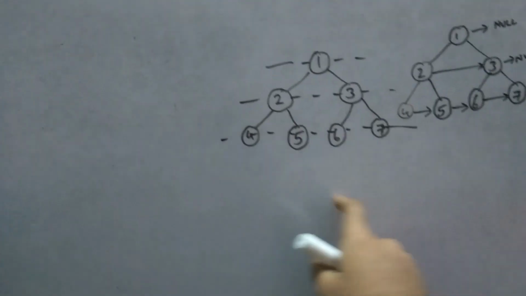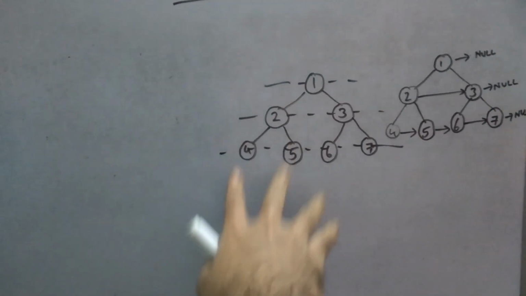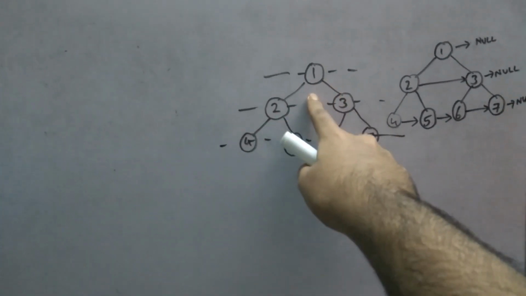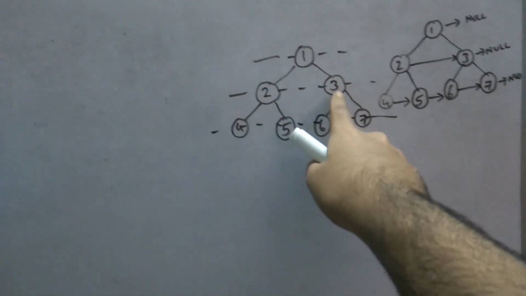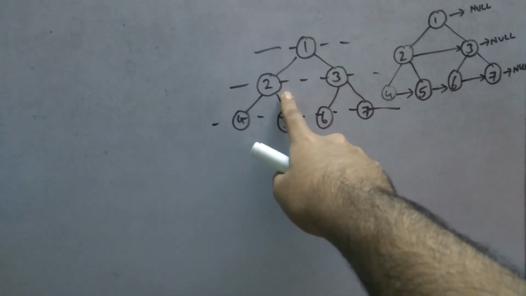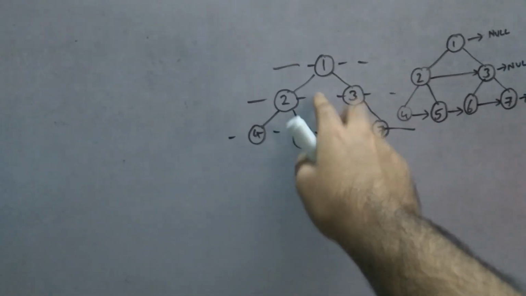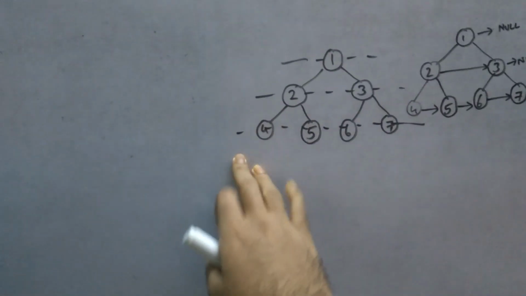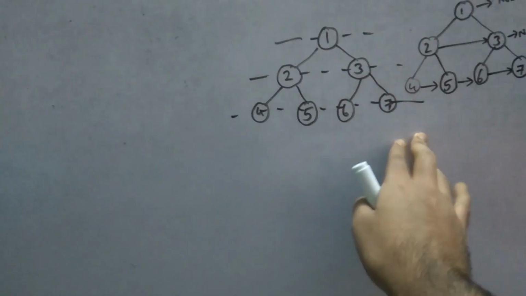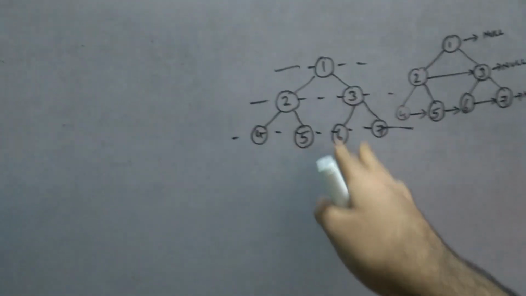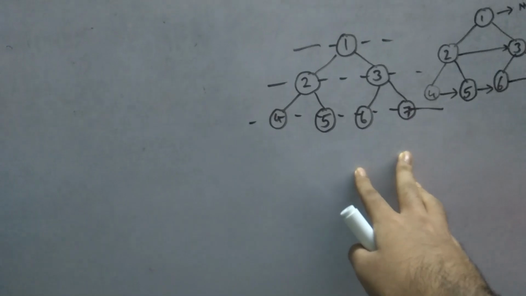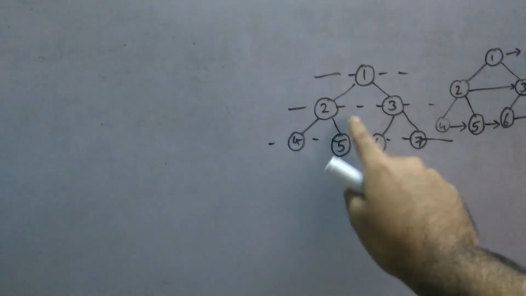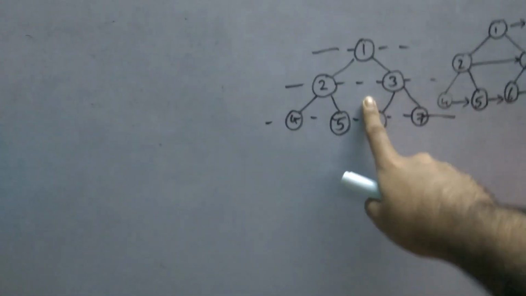If we do a level order traversal of this tree using BFS, or breadth first search, we see that at each level we get the next node while doing the traversal. At the first level we get 1, at the second level we get 2 3, at the third level we get 4 5 6 7. So if we somehow modify the code of breadth first search or level order traversal, and keep getting nodes of each level and just start connecting the next pointers, then our job will be done.